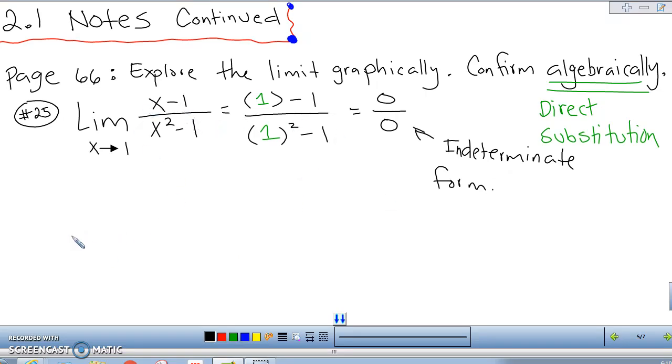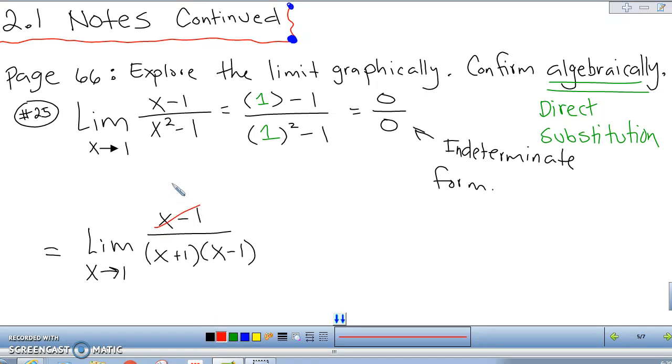So hopefully you guys can see that we can factor the denominator. When we do that, we get this.